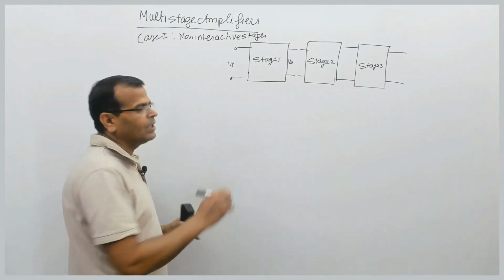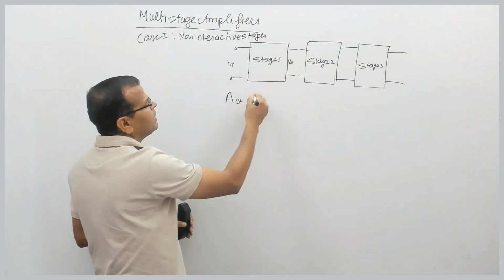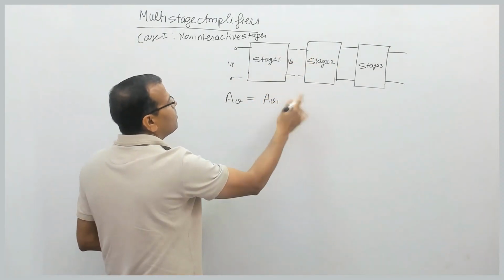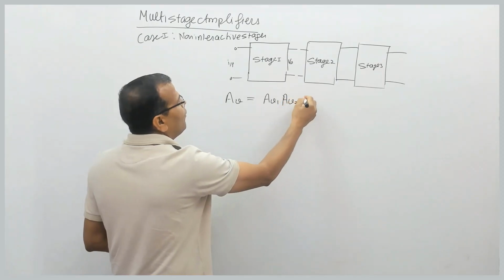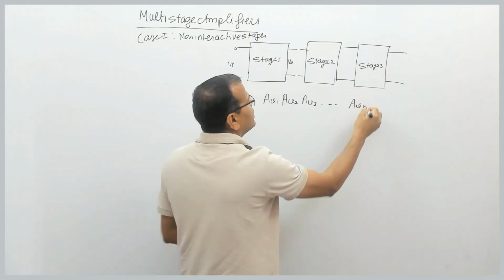In that case, the overall voltage gain of these multi-stages is equal to the product, the multiplication of the voltage gain of individual stages like this.